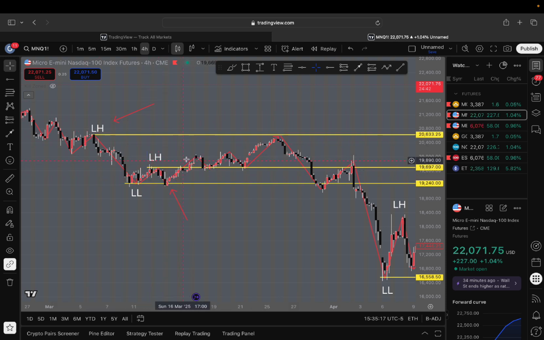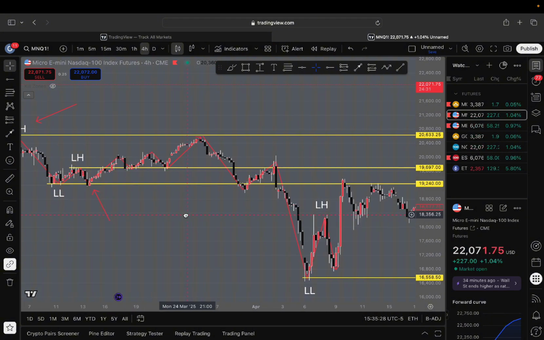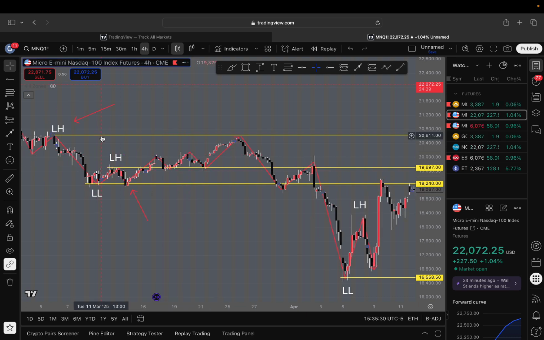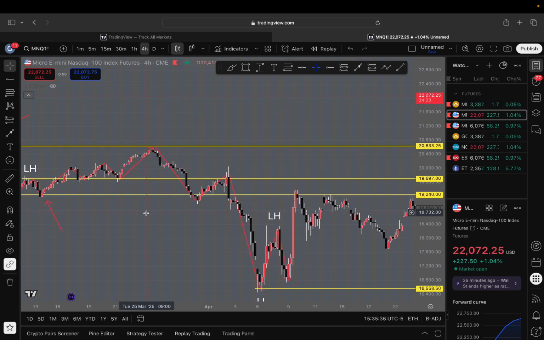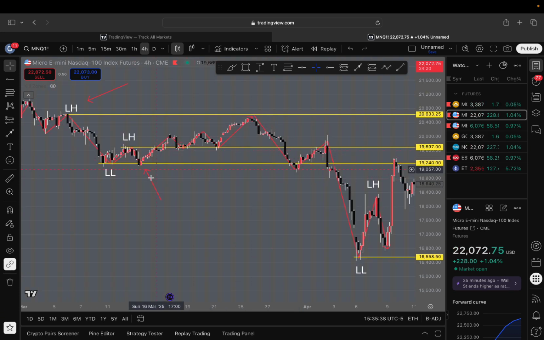This one did get broken, creating higher highs, higher lows, right? Price never broke this lower low, so we couldn't continue to go on a downtrend. We did continue to go on an uptrend little by little, but then as soon as price never broke this other lower high, that's when market decided to continue going down, breaking all of these higher lows. So like I said, it broke all these higher lows, creating break of structure to continue going down, right?